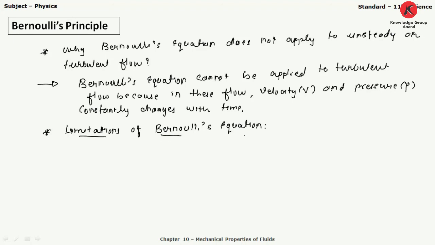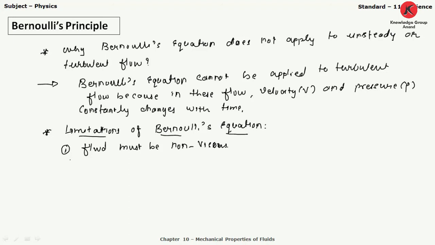So the first one is the fluid must be non-viscous, means in between consecutive layers of fluid there is no friction force applicable.